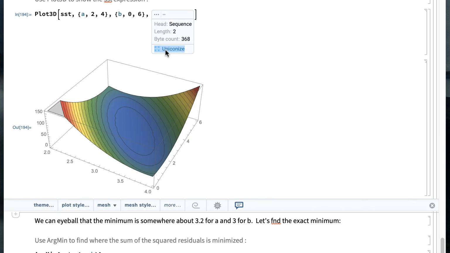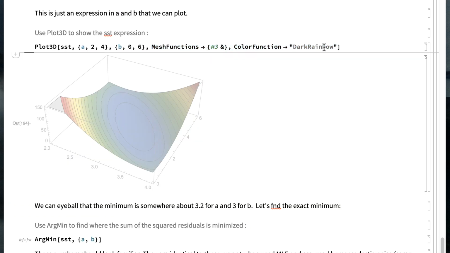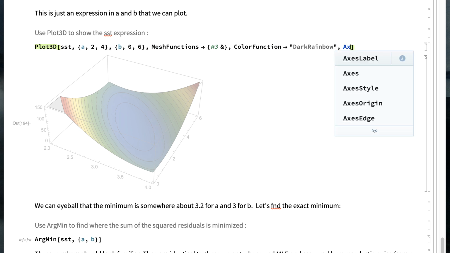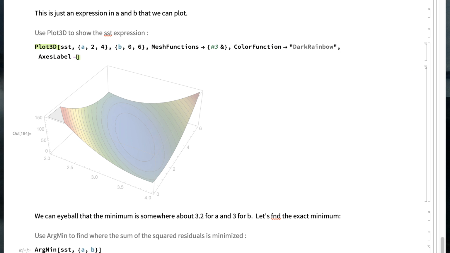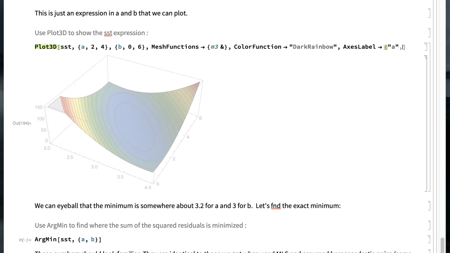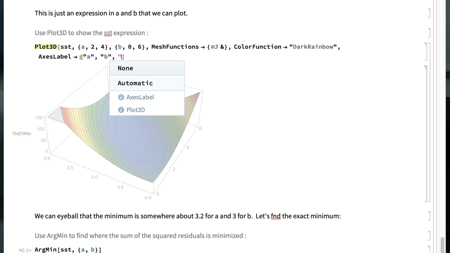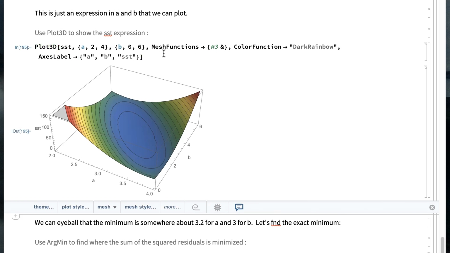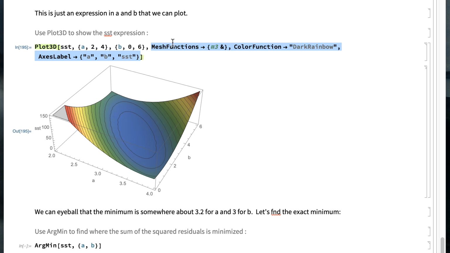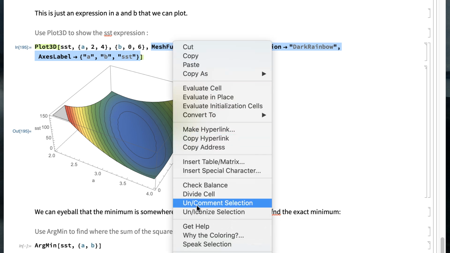Let's uniconize this. I've told you that you really should have labels on your plot so that it's more self-contained. Right, I'm much happier with that. Let's go back and re-iconize it so that future generations will not see the clutter.